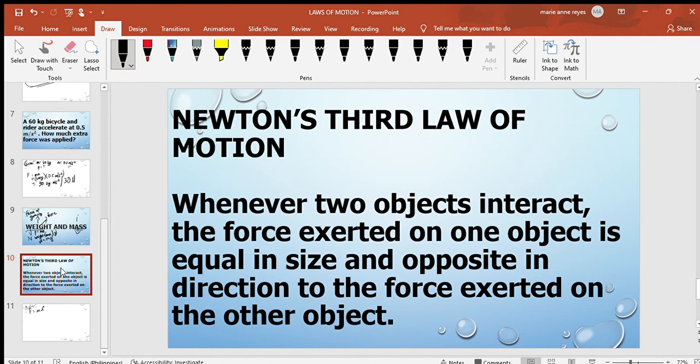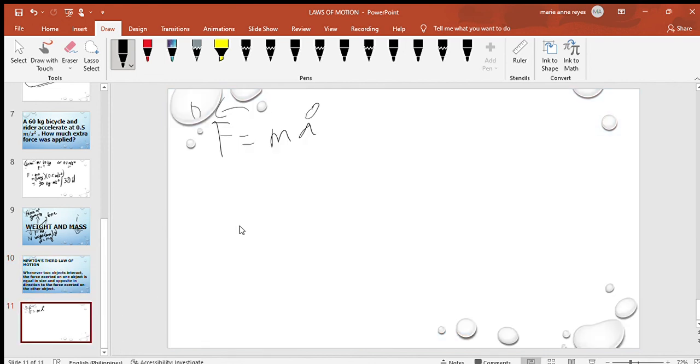So the third law of motion states that forces always occur in matched pairs that act in opposite directions and on two different bodies. We can now express this law with symbols: the force of A due to B is equal to the force of B due to A. Now, anong ibig sabihin nito?